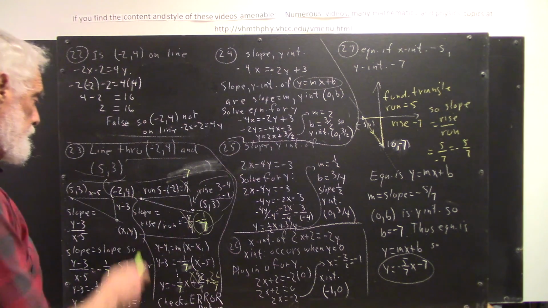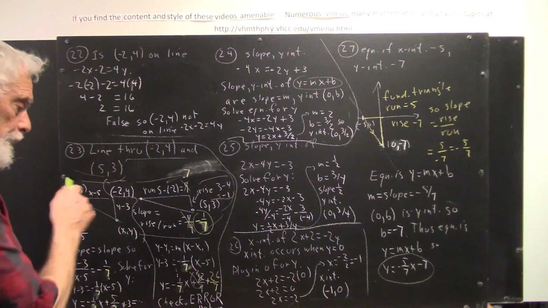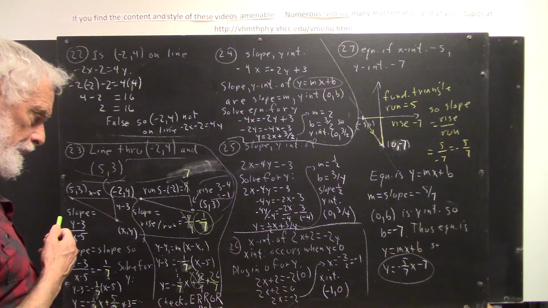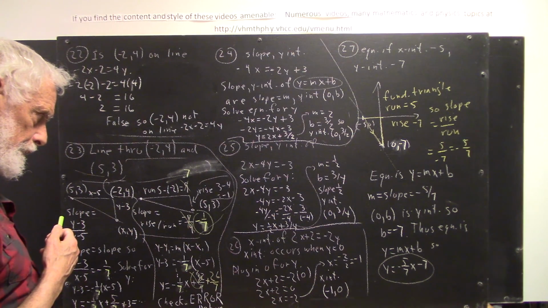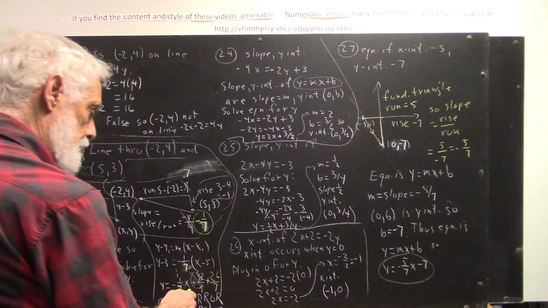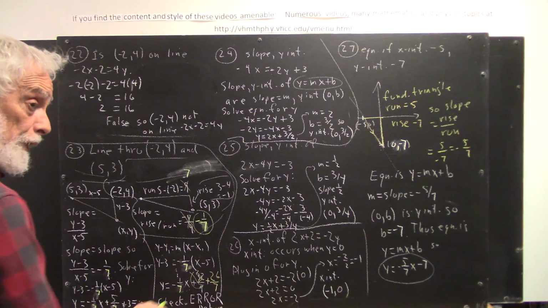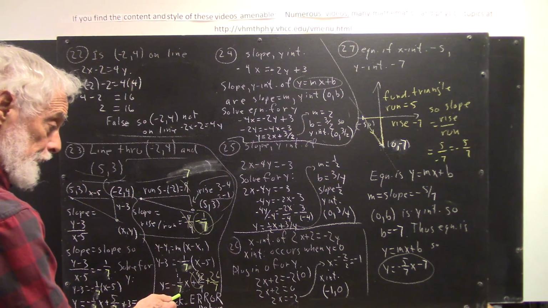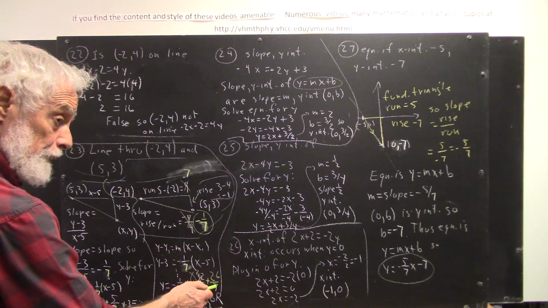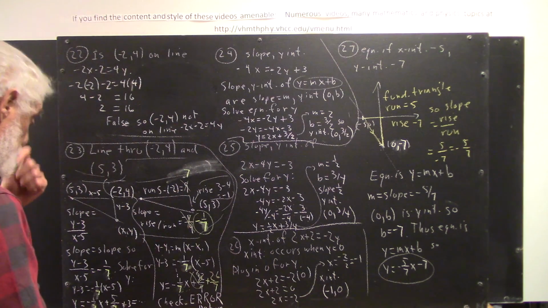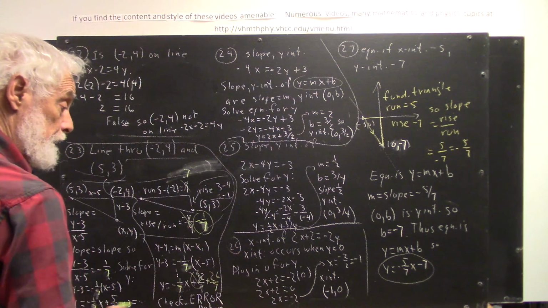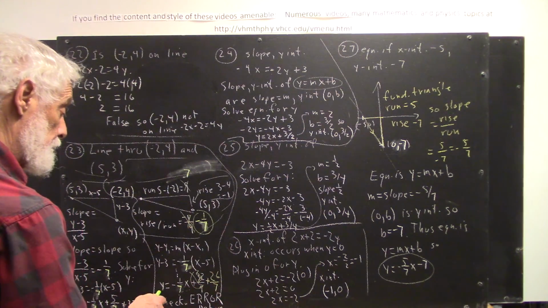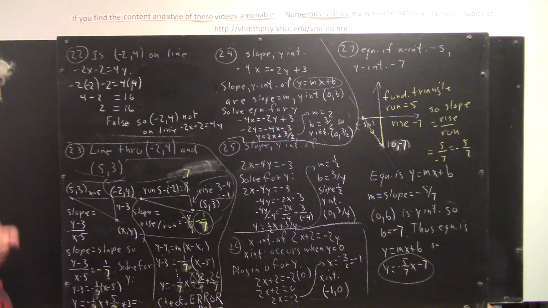Now if I plug in -2 for x, down here I get -1/7 times -2, that's 2/7. I add 2/7 to 26/7, and I get 28/7. And 7 goes into 28 4 times. So my result on this side is 4, so y equals 4, and that does check.